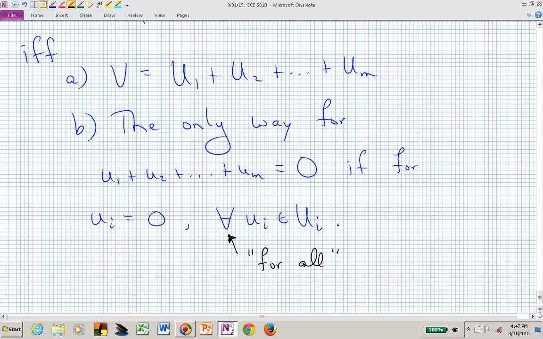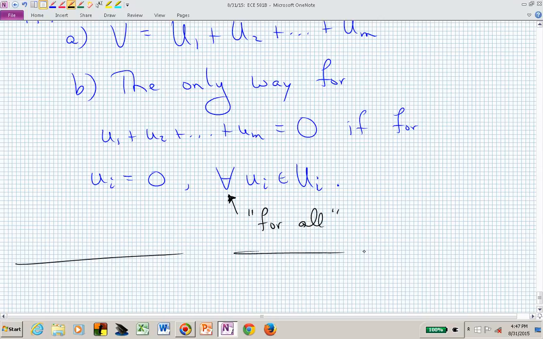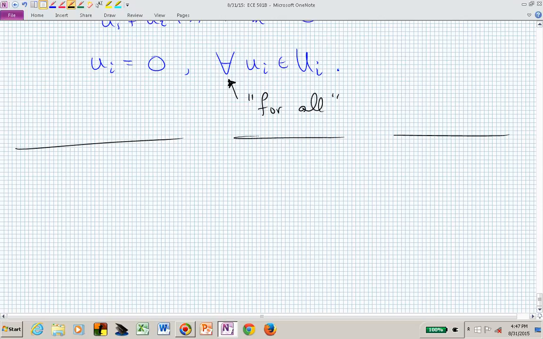So we've been looking at positive results. Let's look at a negative example of a direct sum, or basically not a direct sum. So here is a negative example.